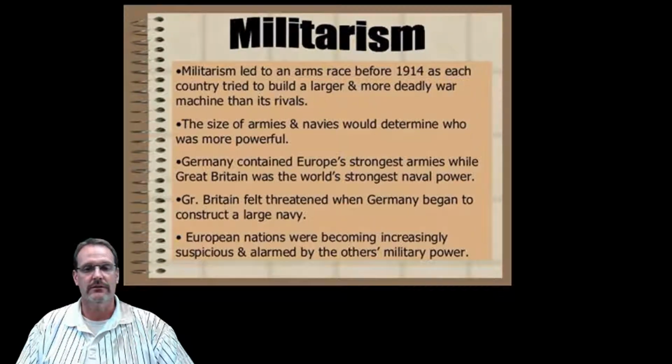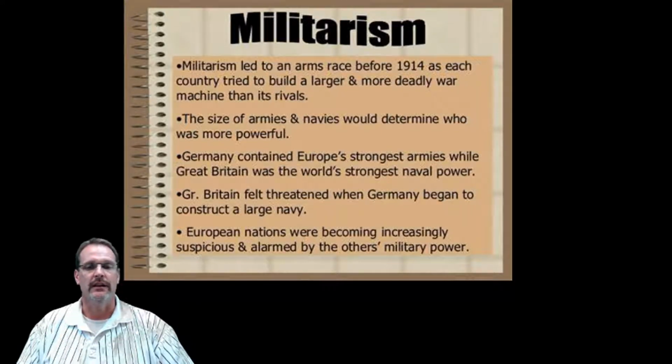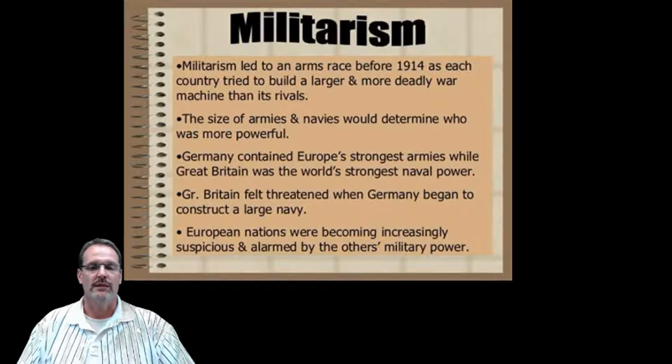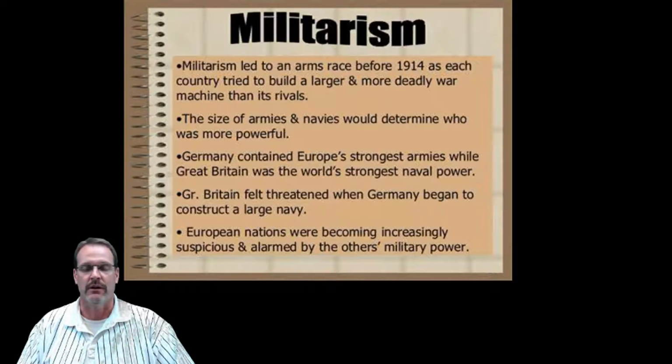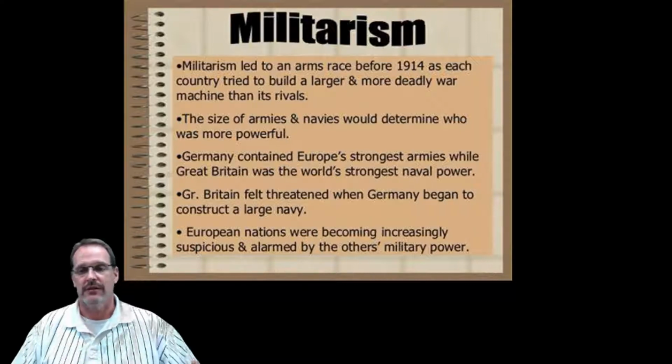Militarism would lead to an arms race. So you've got an arms race between the English and Germany, because Germany starts building a navy. Well, the Brits protect their island with a navy, and why would the Germans build a navy in the first place when their coastline really doesn't dictate a need for one? Germany's biggest enemies are on either side of it.